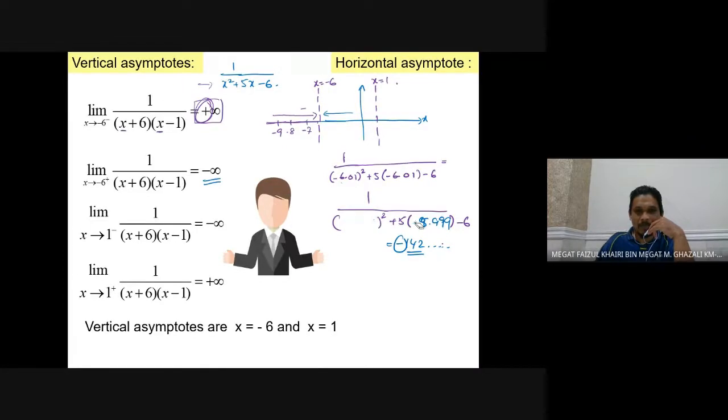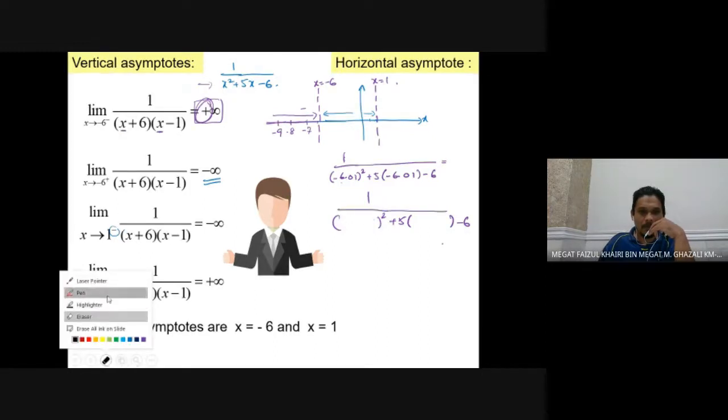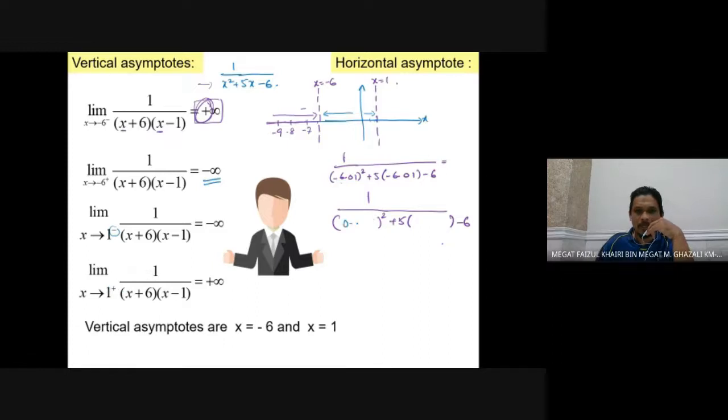Okay, next. When x approaches 1 from the left, meaning from 0, 0.5, 0.8, 0.9, 0.99, 0.999. Okay, let's say 0.99.